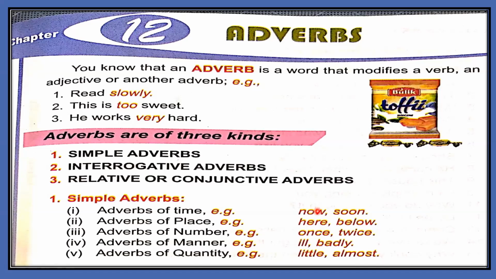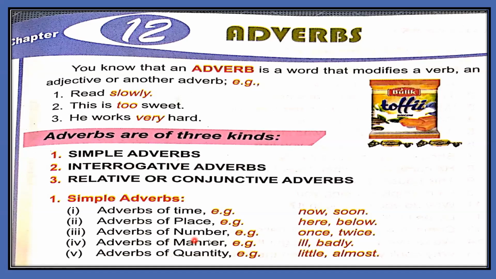Now you will understand the actual meaning. Now, soon, both are adverbs of time. Here, below, these are called adverbs of place. Here, there.